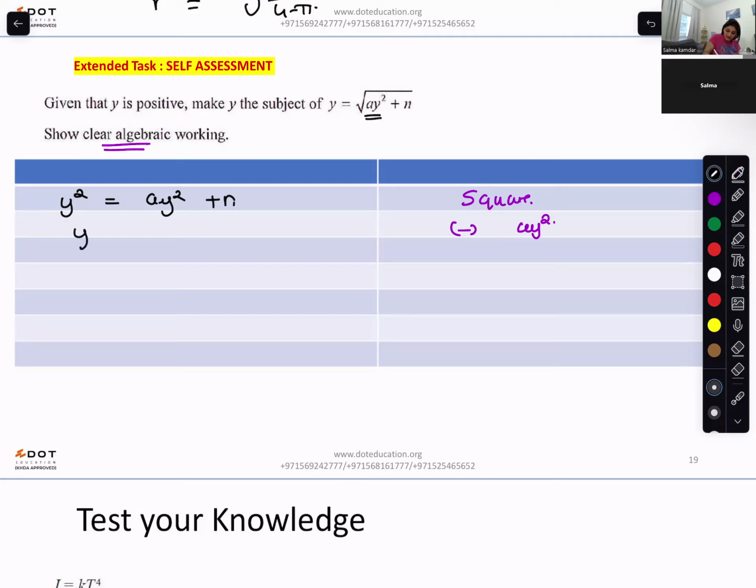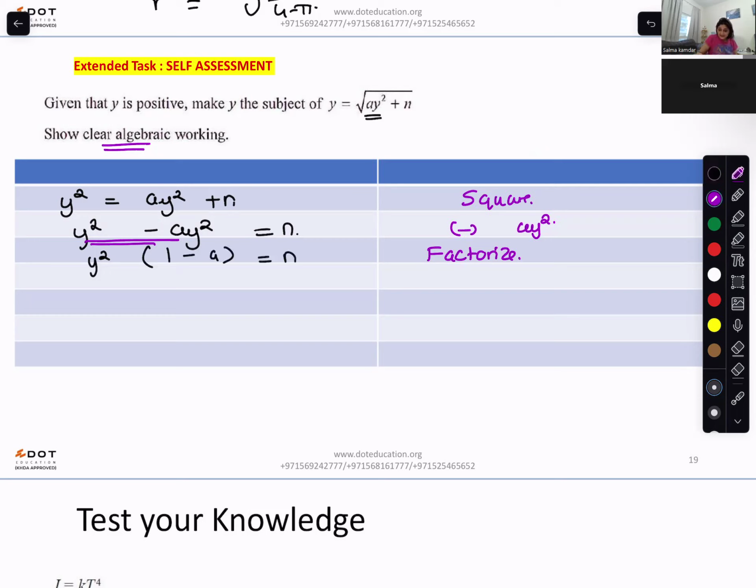So I will get y square minus ay square is equal to m. Then what I can do is I can factorize over here. So what I'm left with is y square, whatever is same is outside, whatever is left will come in the brackets. So it will be 1 minus a is equal to m.